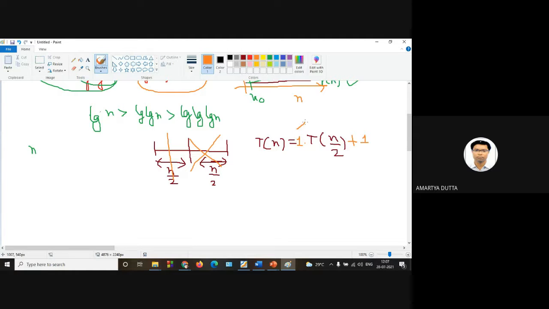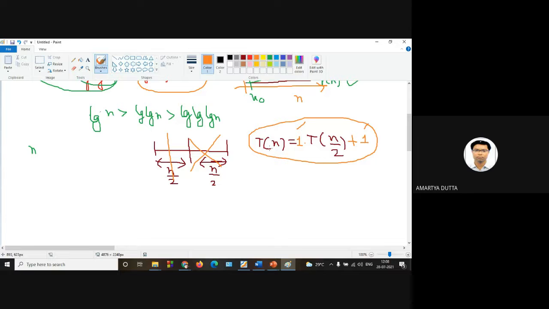This is 1 because of discarding the other half, and this is the toll function, this is 1 because I am searching for a particular value out of a given array. So this is the recurrence relation of binary search. Now you can apply either the substitution method or the master theorem. The master theorem is very suitable for this type of recurrence relation, or you can use the recurrence tree method also.